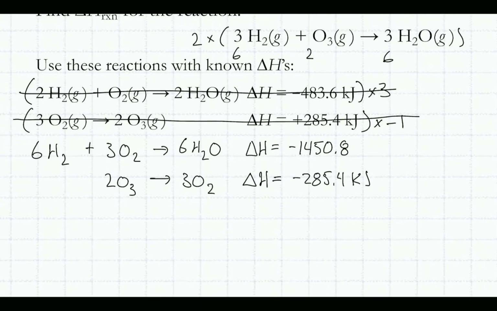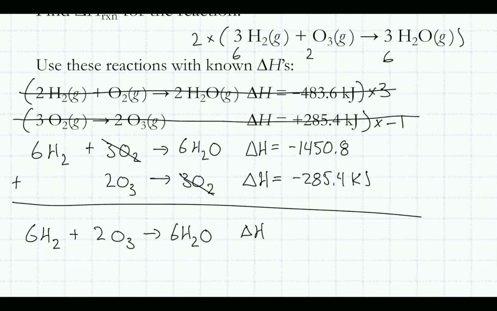All right, so now is everything going to cancel out to give us the equation that we want? Yeah, because the only thing we wanted to get rid of was the O2, and it's in the reactants and in the products. So this will be 6H2 plus 2O3 gives me 6H2O. The delta H will again be the sum, so it's always going to be adding them together.